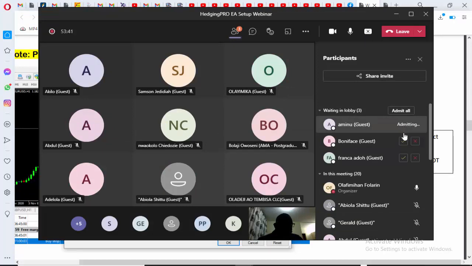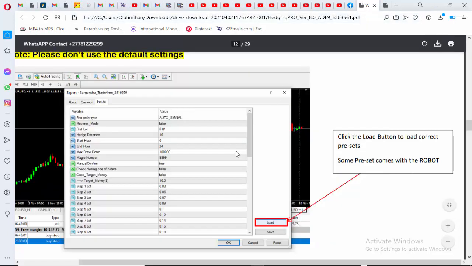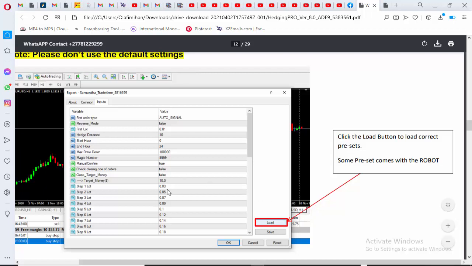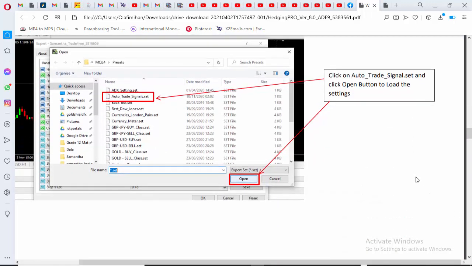Sorry, I saw some people coming into the program, so I'm accepting them. So now, instead of doing that, the software is the one that will calculate this lot size for you. So I've made it more simple. Having said that, let's scroll down a bit.